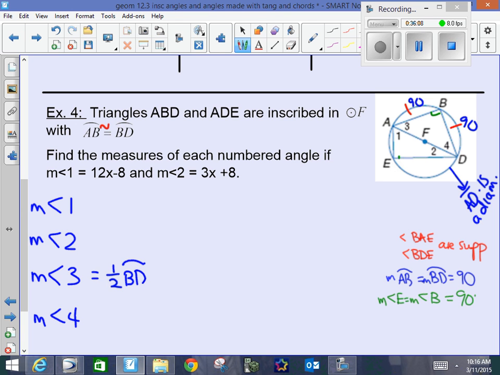ED, which is 90. 45. Okay, very good, Barry. And then so is 4. 4 is half of 90, which is 45 as well. Okay, so we got 2 down, 2 to go.